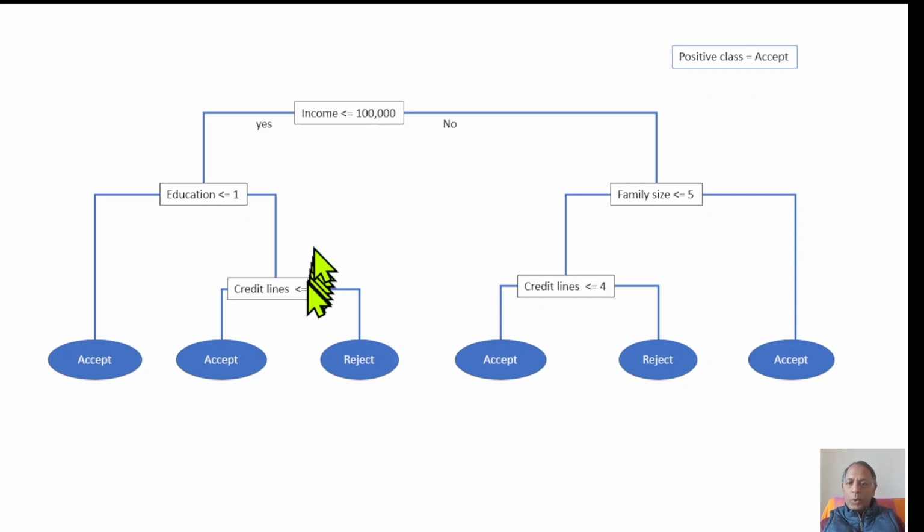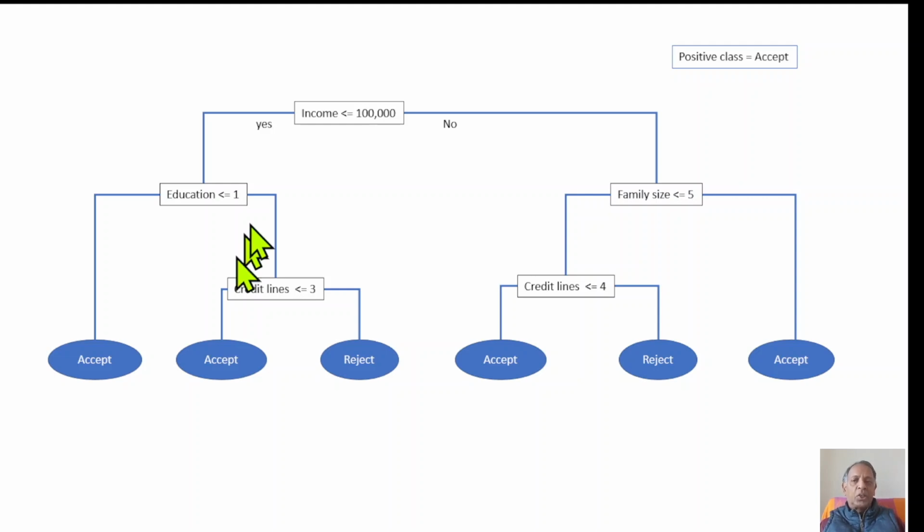Then we ask the question, do they have less than or equal to 3 credit lines? By credit lines we mean credit cards and other kinds of ways by which they're obtaining credit. Okay, let's say that is a yes. So then we come here, and then the tree is telling us accept this application. In other words, give them the loan. Okay, that's how the tree is used to make a decision.